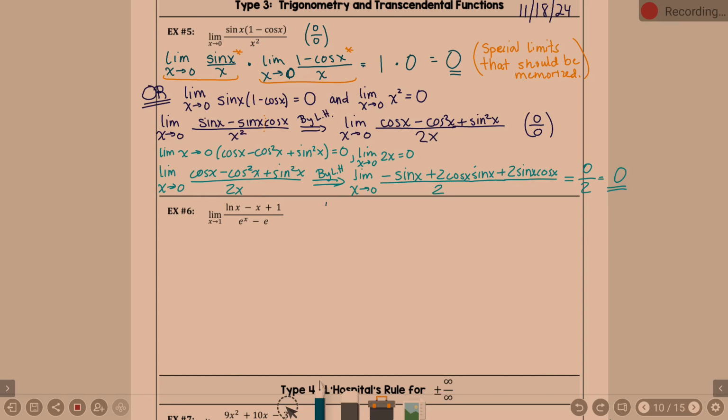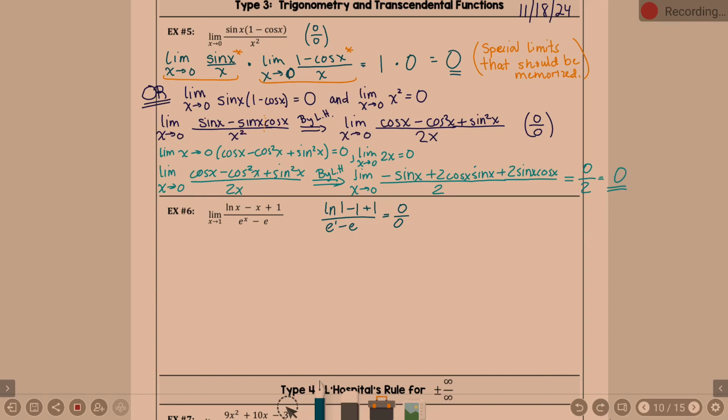Natural log of 1 minus 1 plus 1 over e to the first minus e. Folks, what's the natural log of 1? 0. 0 minus 1 plus 1 is 0. e to the first minus e is 0. Are you getting 0 over 0? Do we need to use L'Hopital's?